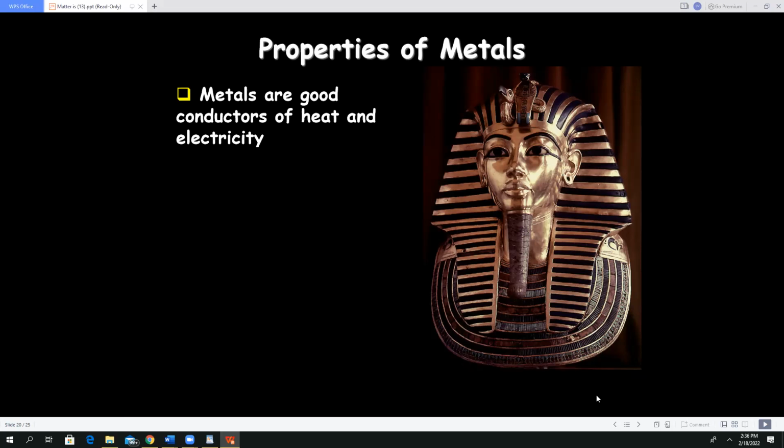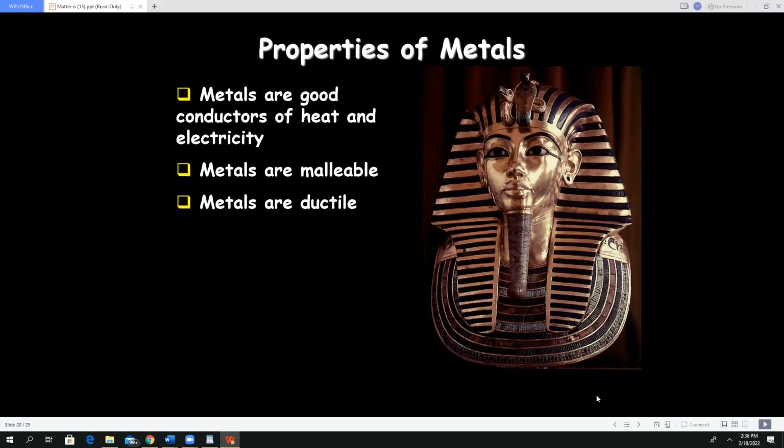Pots that are used for cooking conduct heat very well, but not too well that you burn. Metals are malleable. Malleable means that they can be pounded into thin sheets. Think of gold foil or aluminum foil. Metals are also ductile. Think of wires. Ductile means that they can be drawn into thin wires.